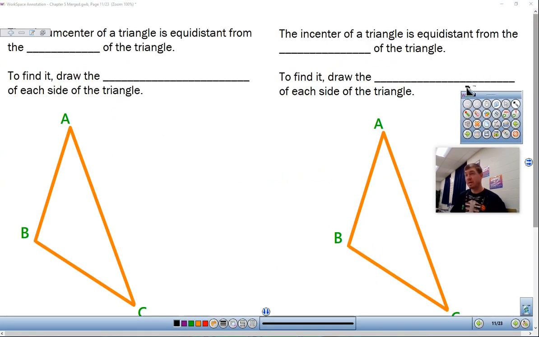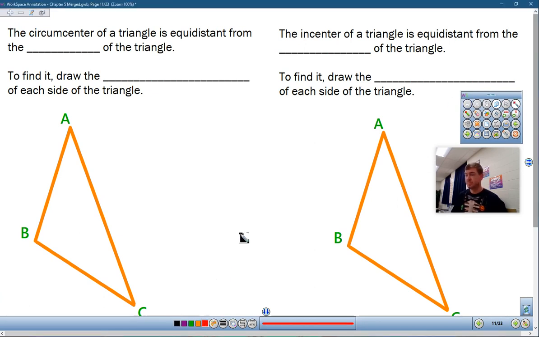So now, thus far, we have talked about 2 points of concurrency. The first of which was the circumcenter, which is equidistant from the vertices of the triangle. To find it, how do we find it? We use the perpendicular bisectors.